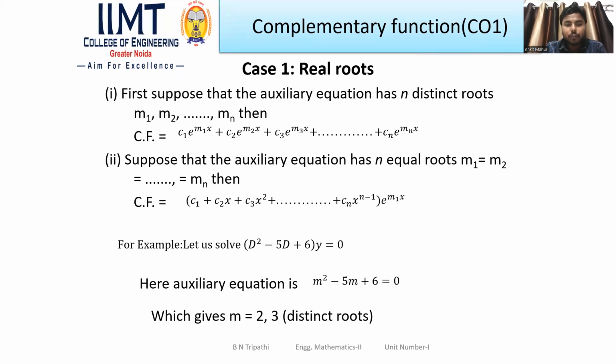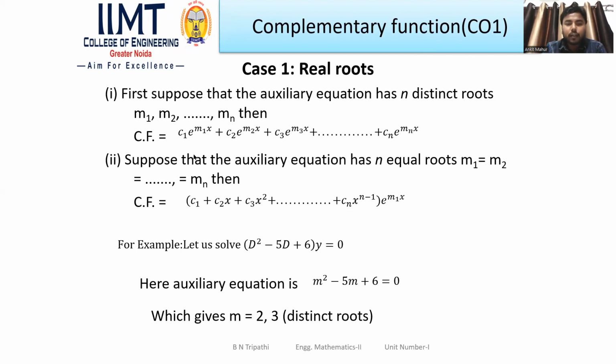Now I am going to discuss case first, when roots are real. First, suppose that the auxiliary equation has n distinct roots. Let m1, m2, ..., mn be all distinct and real roots. Then CF is C1 e^(m1 x) + C2 e^(m2 x) + C3 e^(m3 x) + ... + Cn e^(mn x).